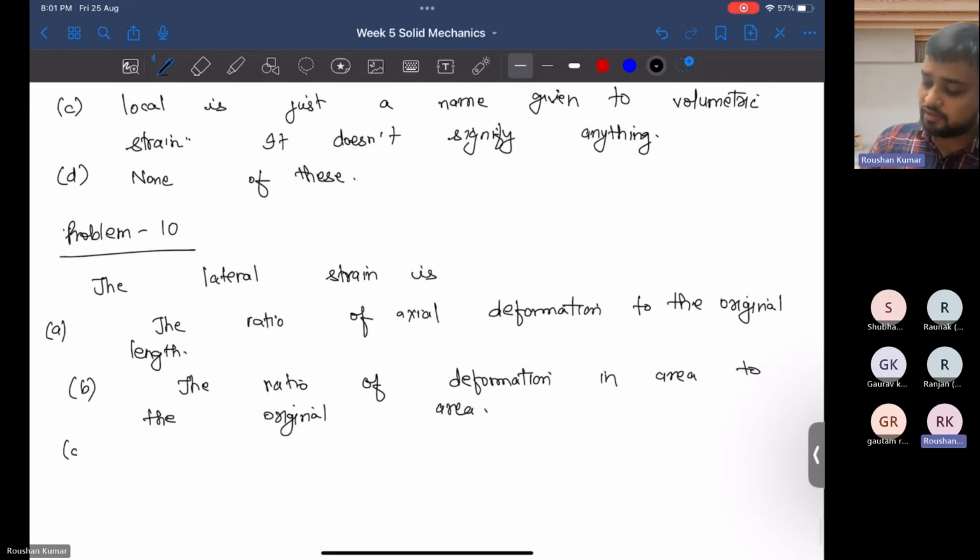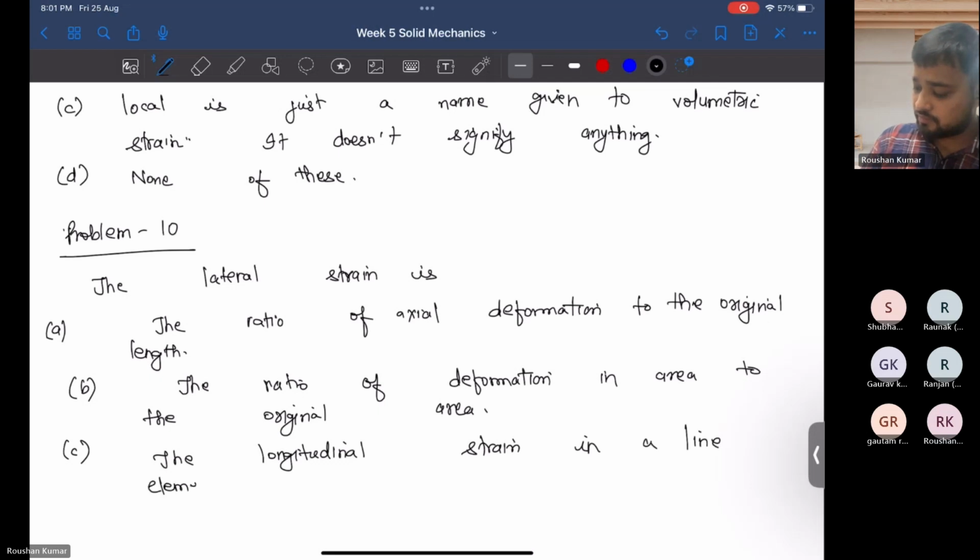And the third option is the longitudinal strain in a line element oriented at right angle to the direction of applied load.